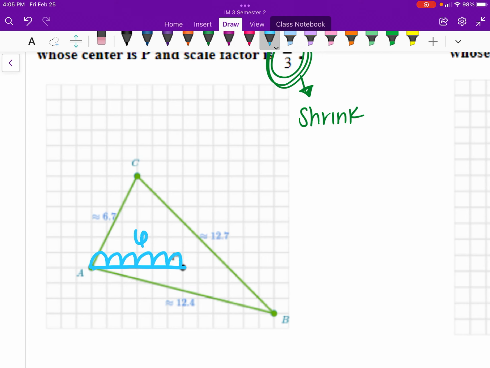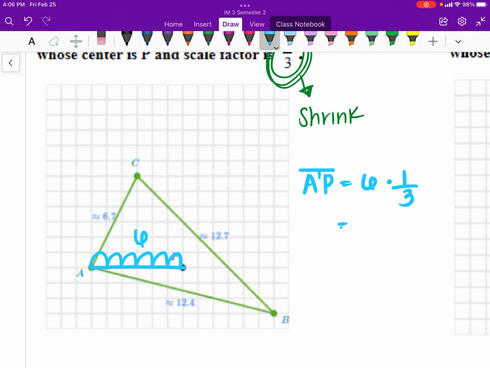Because our scale factor is 1/3, it's going to shrink. So the new segment, A prime P, is going to be 6 times my scale factor, which is 1/3.